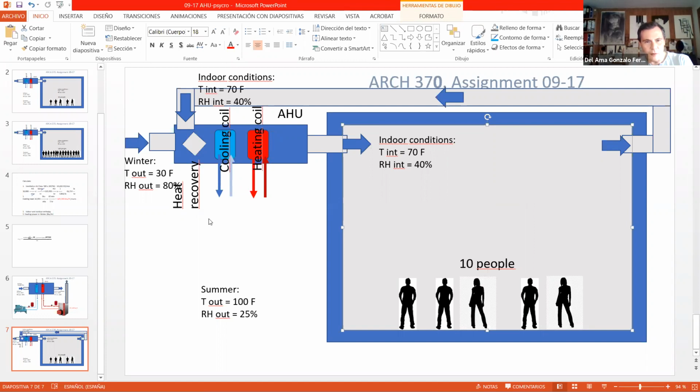But before, let's remove the cooling coil. Before the heating coil, we might have changed these conditions, and maybe this is not 70 Fahrenheit, but it must be, let's say, 50.